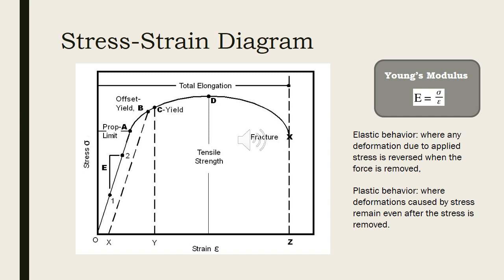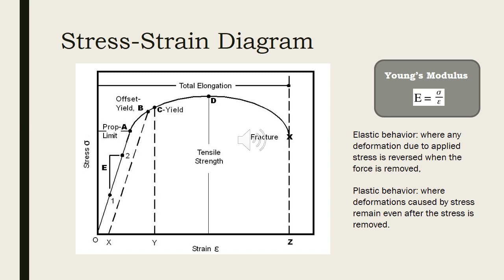The stress-strain curve shown here has the proportional limit and elastic limit equal. The elastic behavior is the behavior of a material where any deformation due to applied stress is reversed when the force is removed, whereas plastic behavior shows irreversible deformation even after the removal of stress.